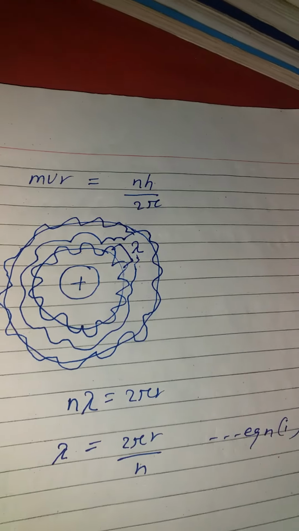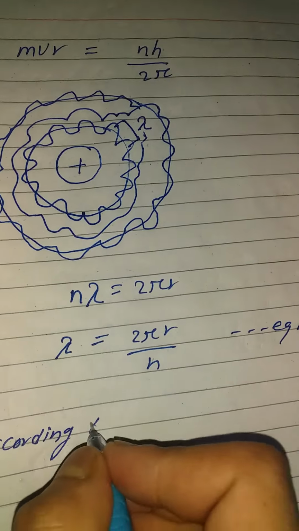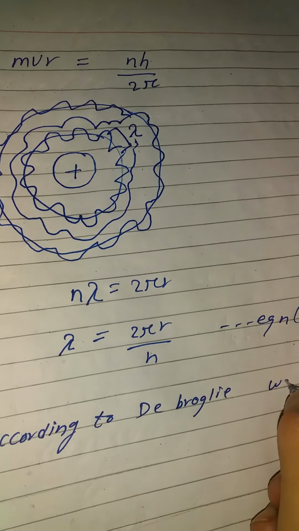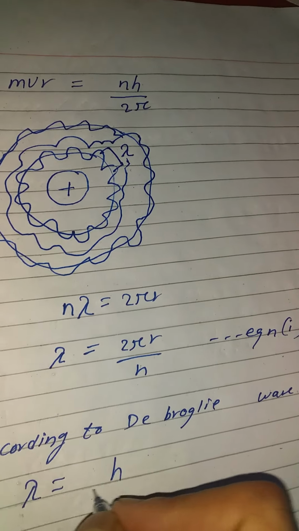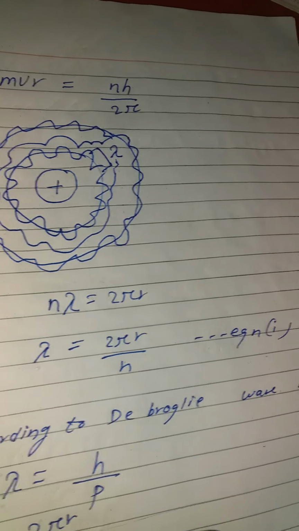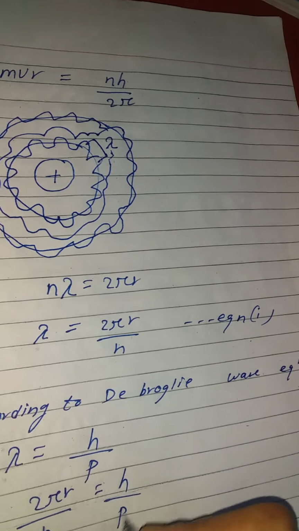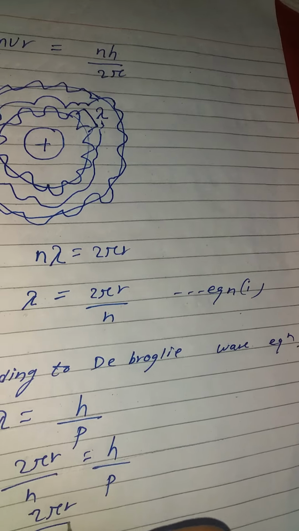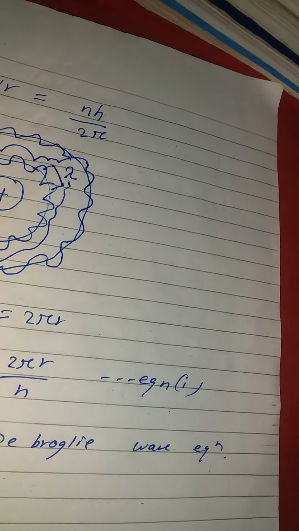Also, according to the de Broglie wave equation, we get lambda is equal to h by p, isn't it? So 2 pi r by n is equal to h by p, or 2 pi r is equal to n h by p.